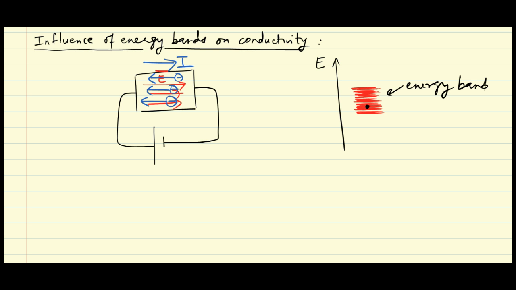And this simple mechanism can be used to explain why certain solids are conductors of electricity, whereas some of them are insulators, and thirdly, why there are certain solids whose electrical characteristics lie somewhere in between conductors and insulators. Of course we are talking about semiconductors.